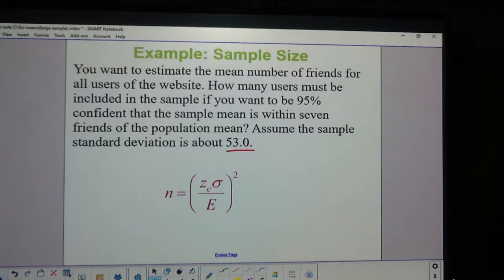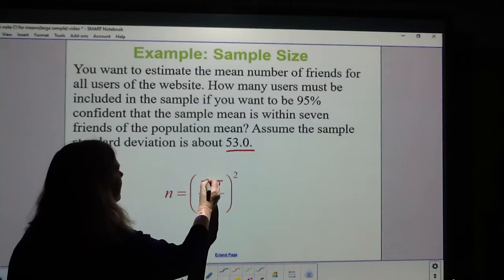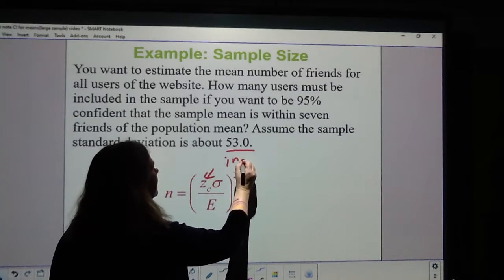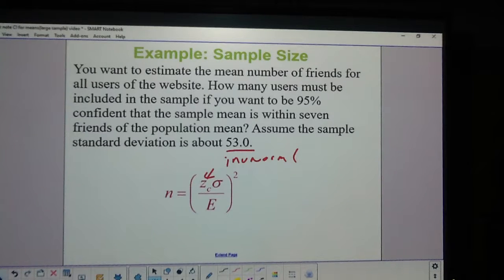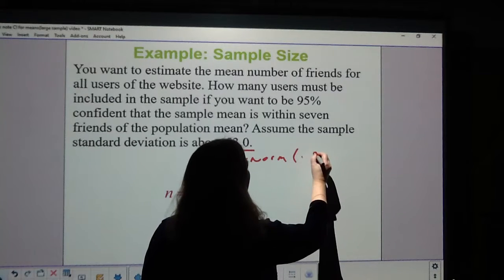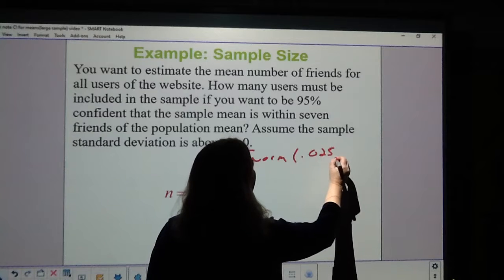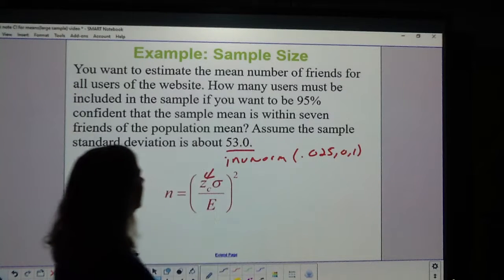So if I were doing this, remember this right here is inverse norm. 95% confident, so I can just use 0.025 and 0.01 for my mean and standard deviation.